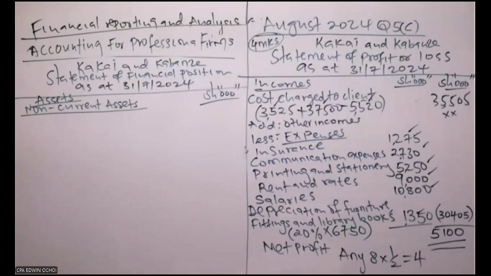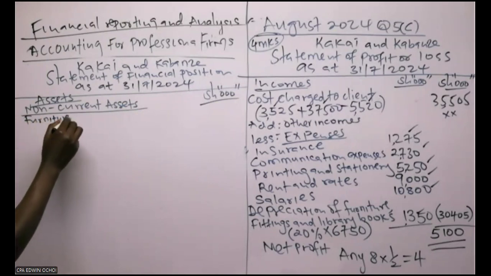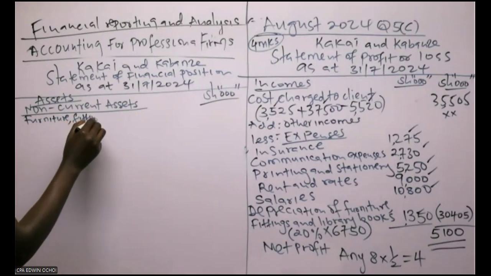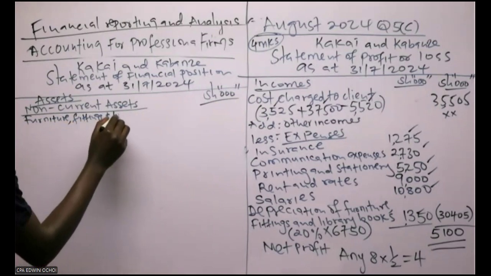Under the non-current assets, we talk about furniture, fittings, and library books.